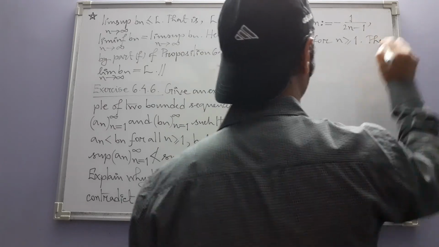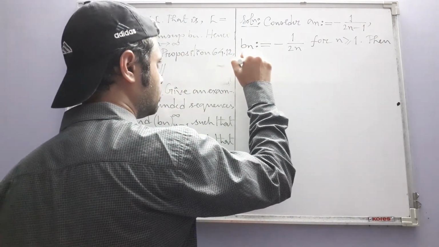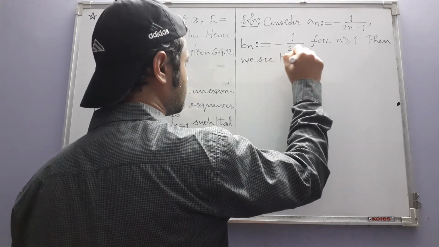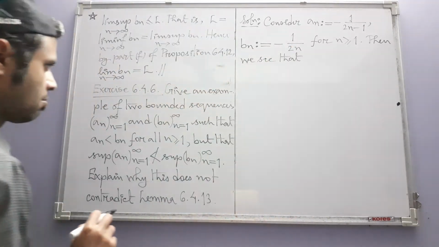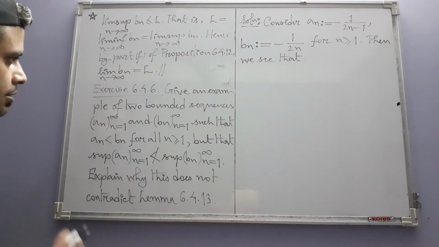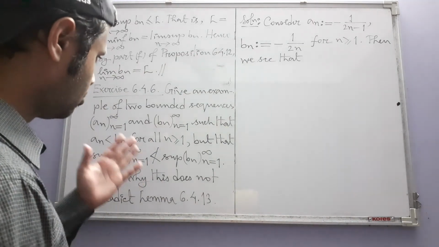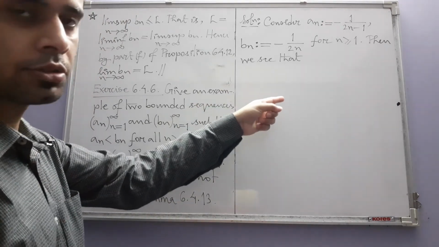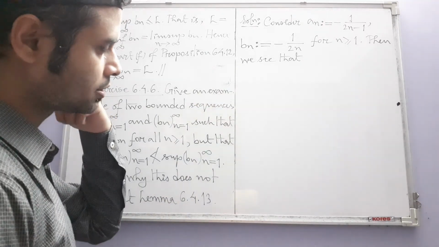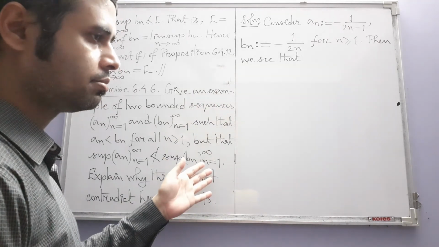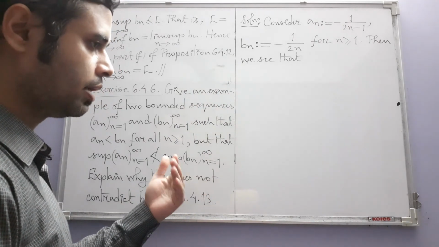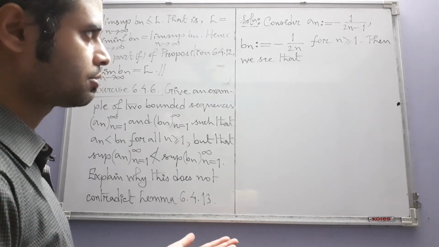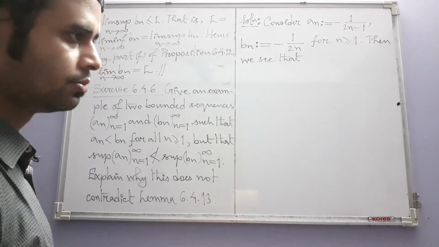Then we see that both of them are also bounded sequences, because from those two lists you can see that all the terms are greater than or equal to -1 and less than or equal to 0.